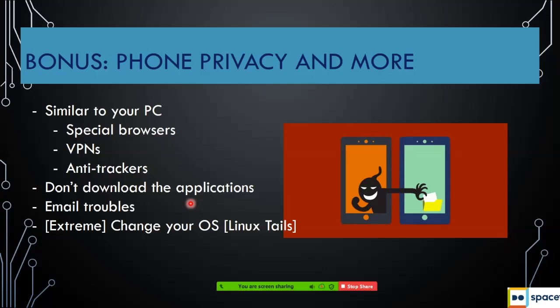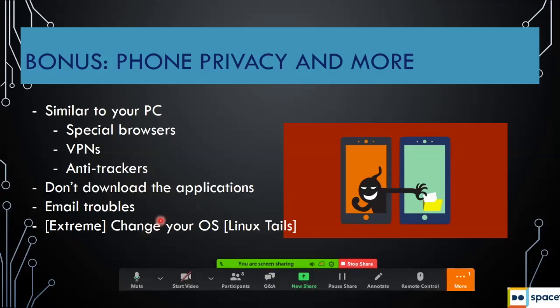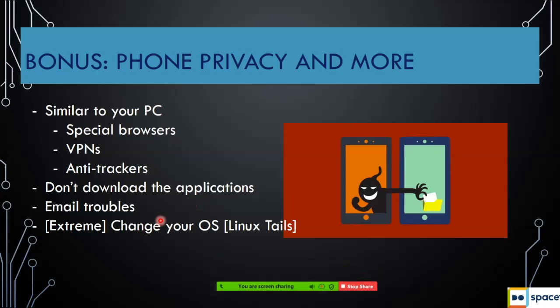I would also like to point out that if you wanted to give Linux Tails a shot, or honestly any other Linux distribution, you can always put those on a USB drive or flash drive, quickly load them up, and give that a shot for a week or two, just like anything else. And just like I was saying with VPNs, you can always download Opera and use that built-in VPN and just see if you like the idea of the privacy and can give up a little bit of that speed.